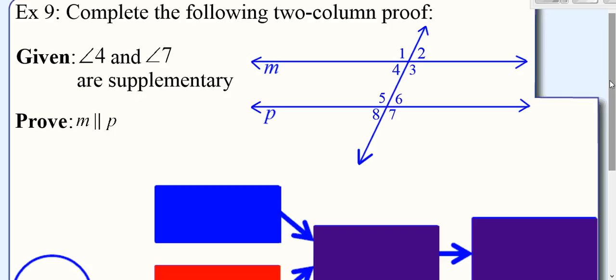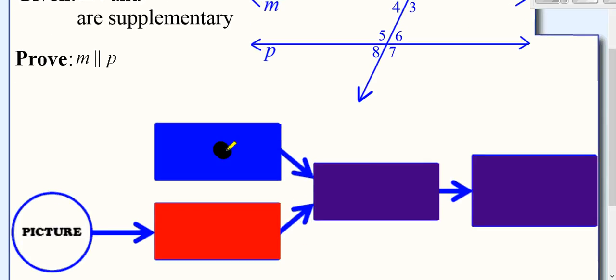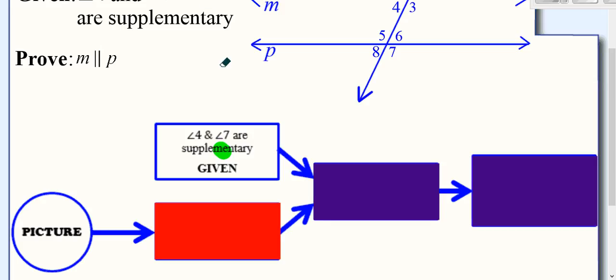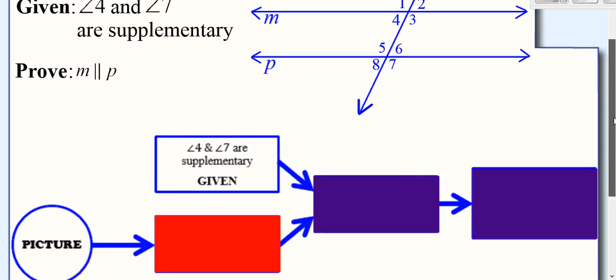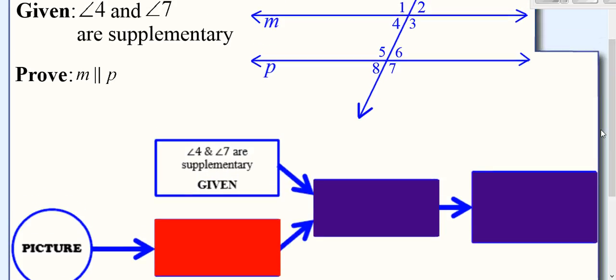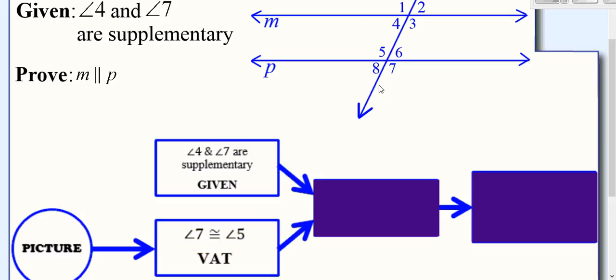So angle 4 and angle 7 are supplementary. We're going to start with that. Angle 4 and angle 7 are supplementary because it's given. And from the picture, we know that 5 and 7 are congruent. Vertical angle theorem. That's what VAT is short for in this case.